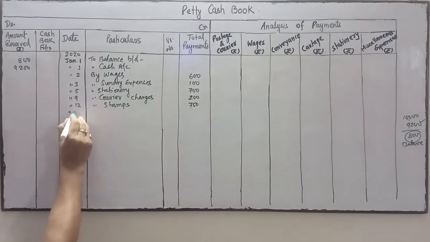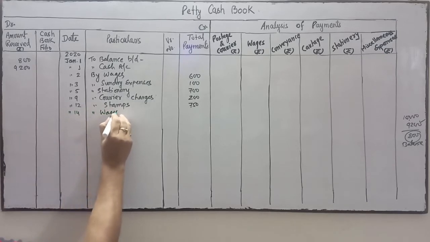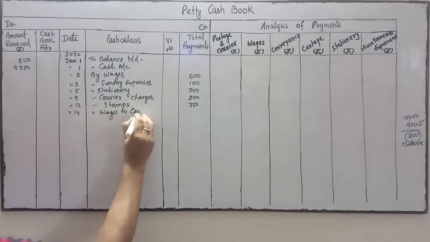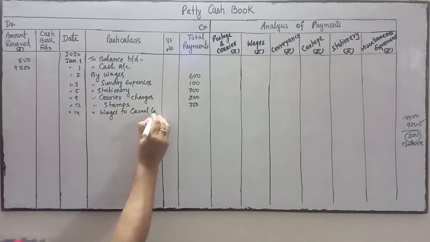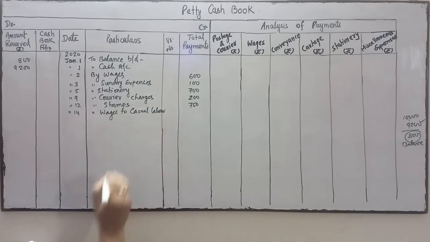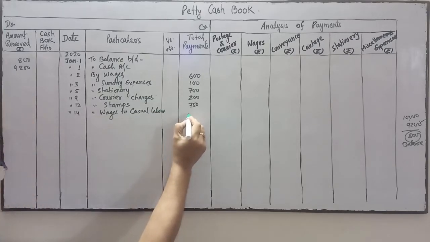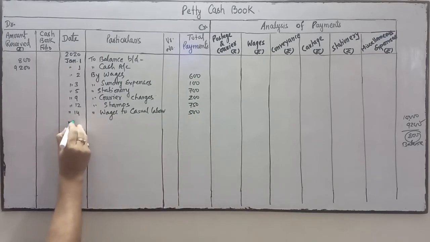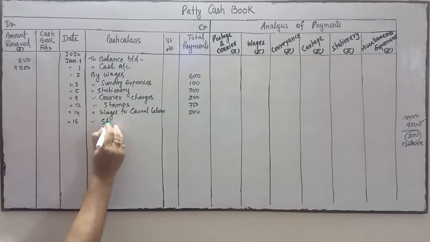Next, on the 14th, paid wages to casual labor. Wages paid is 500. Next, on the 16th, by stationery.